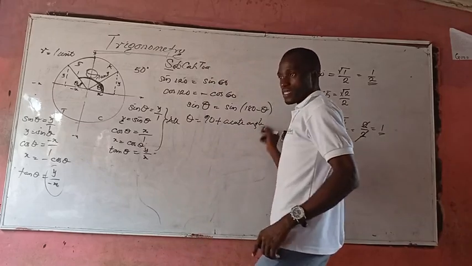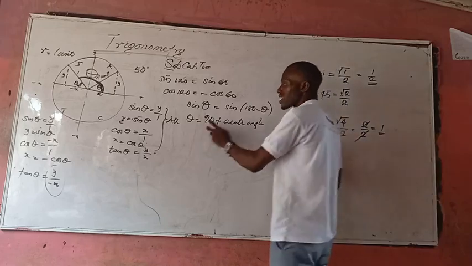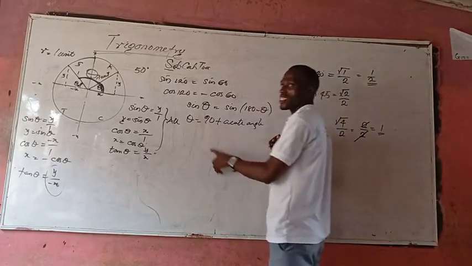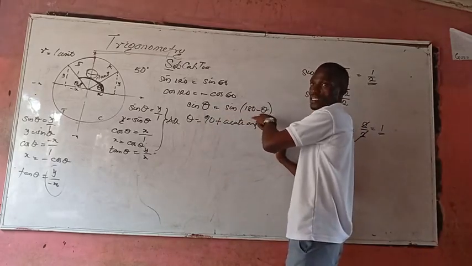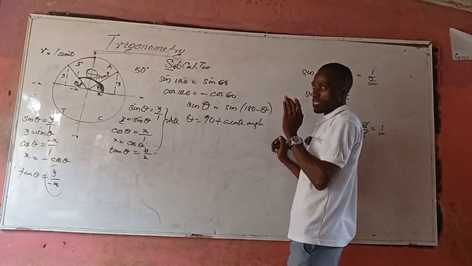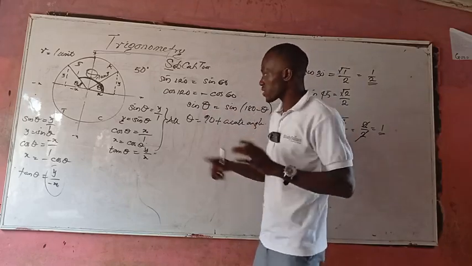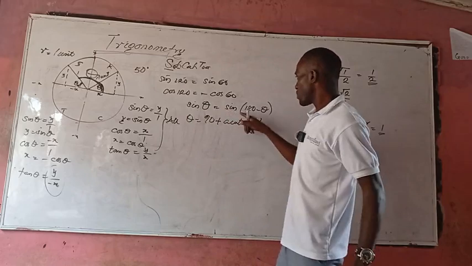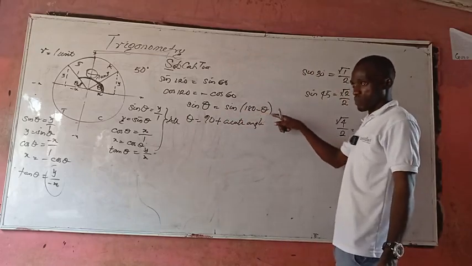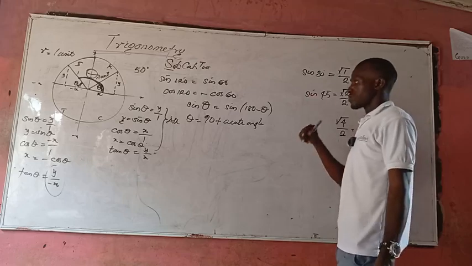That is, theta must be greater than 90 for this rule to work. This theta must not be just any theta. If it's 40, sine 40 might not be equal to sine of 180 minus 40. Do you understand now? Good.